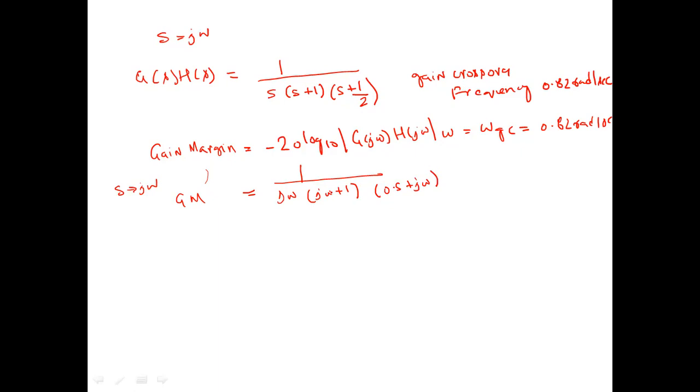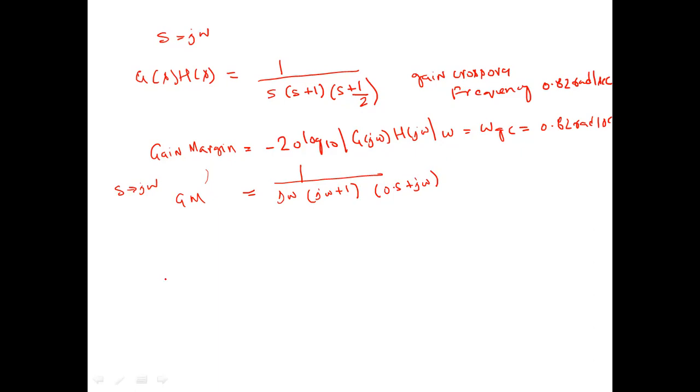Now if you want the value for this system, the j omega value needs to be rationalized, and the imaginary part should be set to 0. So you'll get the value of the gain margin. How do you go about rationalizing this?